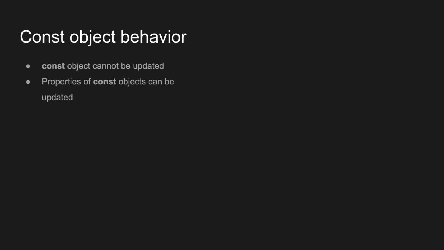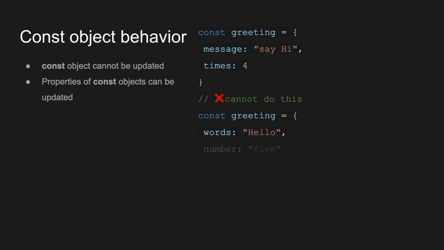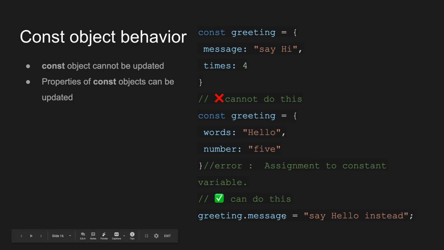Therefore, if we declare a const object as this, const object greeting with properties message and times, we cannot update the whole const variable, which is change its object, but we can update the properties of the object. Here we have object greeting and its property message can be updated. This will update the value of greeting.message without returning any errors.